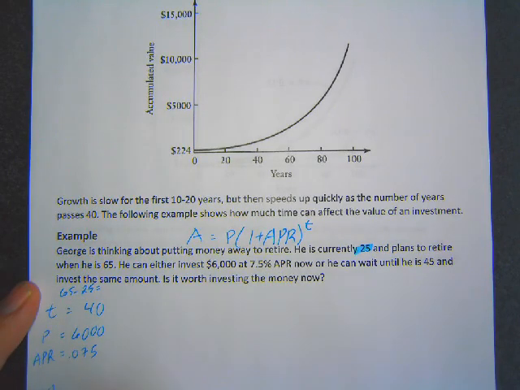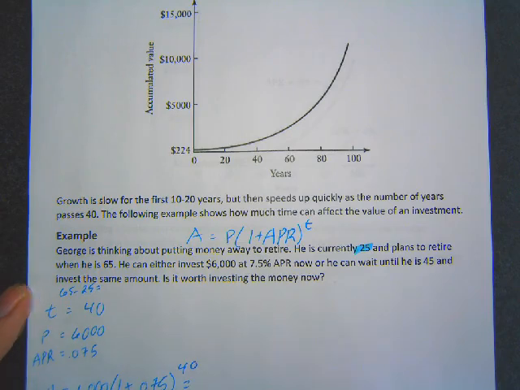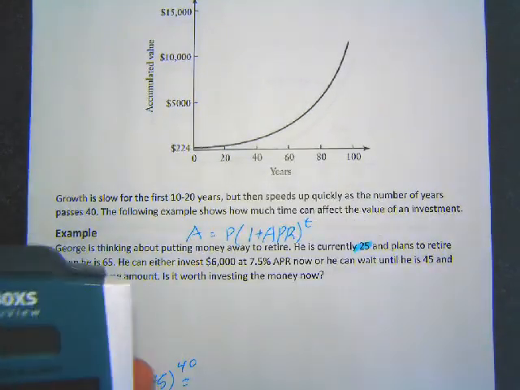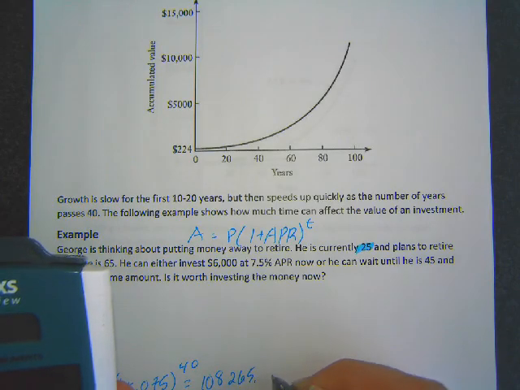His principal will be 6,000. That's how much he's investing. 1 plus the APR, which is 0.075, and because he's invested at 25, he's going to have 40 years of investment. So we get 6,000 times (1 plus 0.075) to the power of 40 years until he retires, and it would turn into $108,265.43.